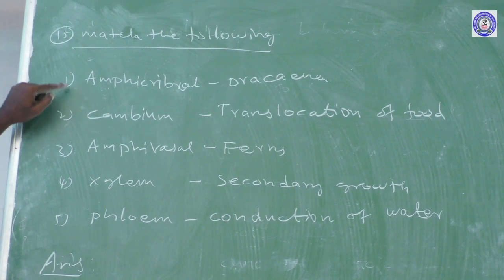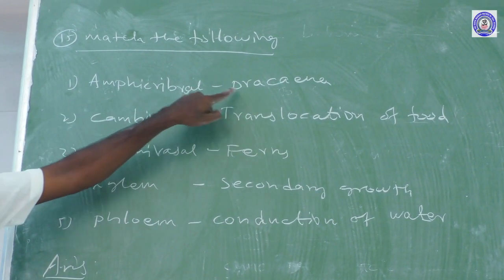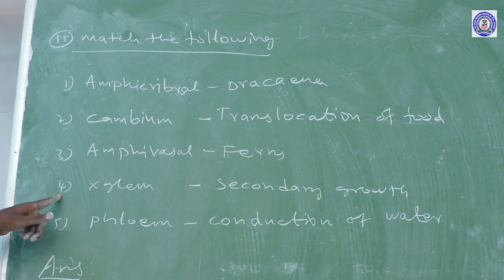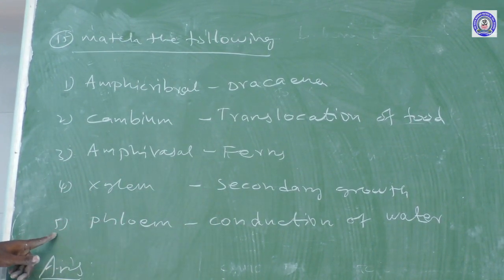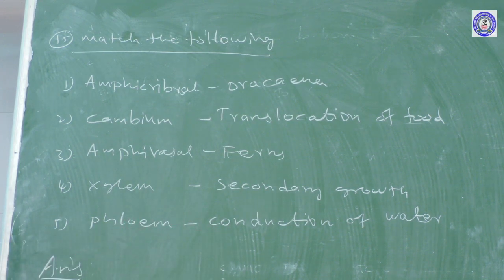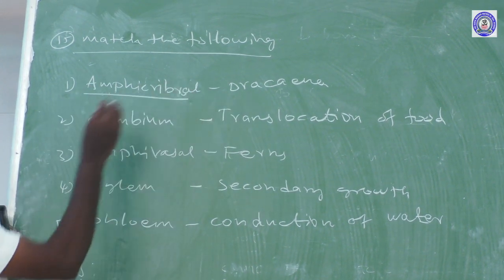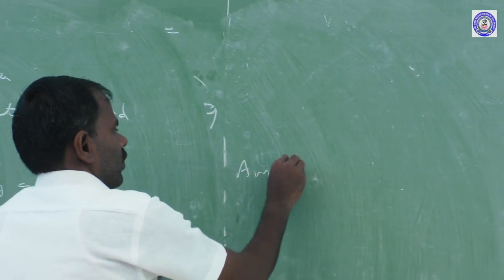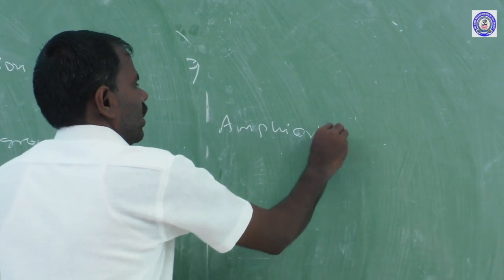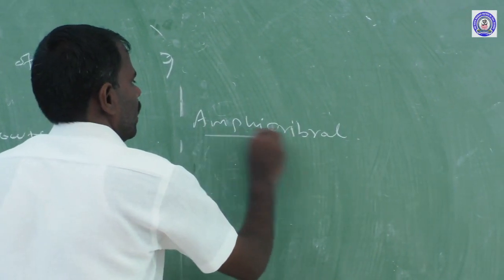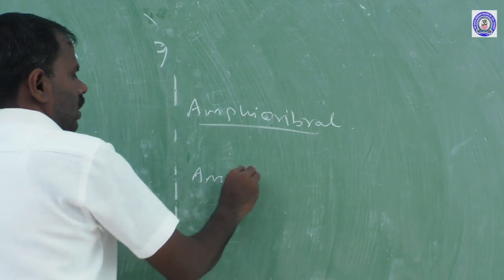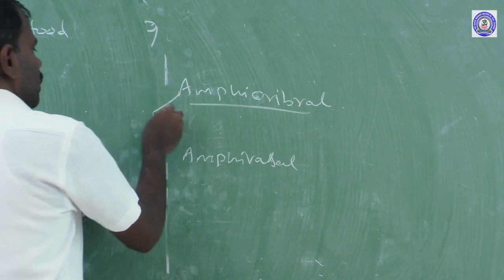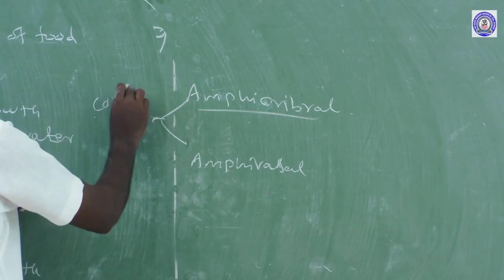Next question: match the following. The first column: ambicrural, Dracaena, cambium, translocation of food, ambivasal, ferns, xylem, secondary growth, and phloem, conduction of water and minerals. What is ambicrural? Both are concentric vascular bundles.